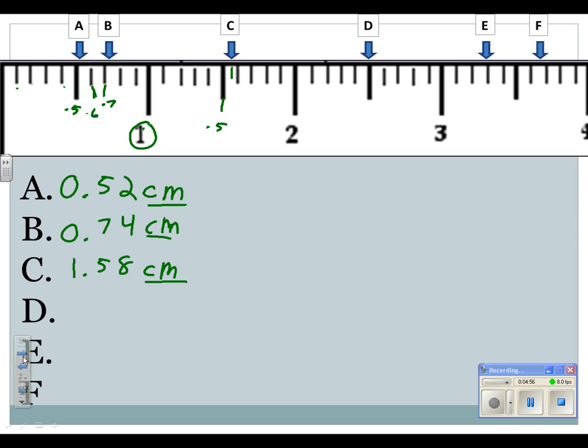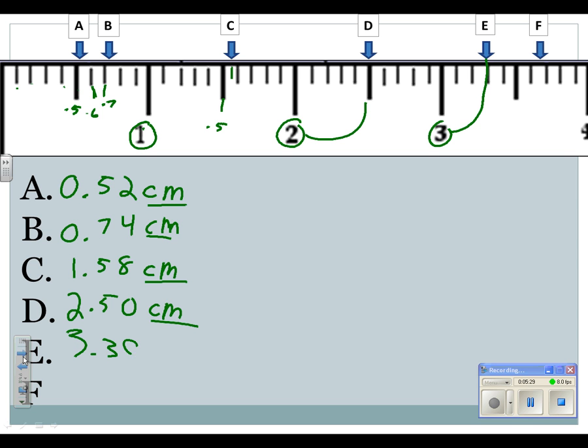Now D is at least 2 and 0.5. Now we have to estimate. We can't just leave it at 2.5 because it looks like it's right on the line. We have to give that estimated value, and if it's right on the line, we put in a 0. So 2.50 centimeters. E, it's at least 3.3. That looks like it's right on the line there, so we'll do the same thing. We know it's 3.3.